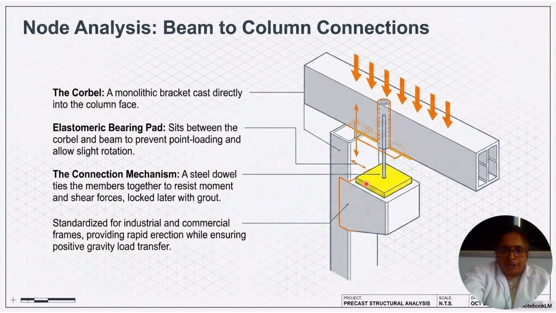This is the elastomeric bearing pad as shown in the figure. As the connection mechanism, a steel dowel ties the members together to resist moment and shear forces, locked later with grout. It is standardized for industrial and commercial frames, providing rapid erection while ensuring positive gravity load transfer.